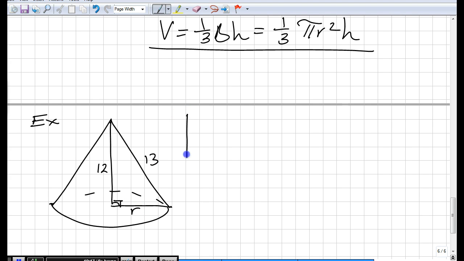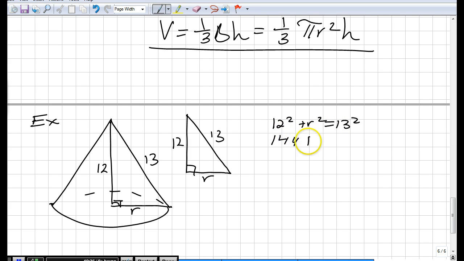And so first thing that we need to do is find r, because we know this is 12, this is 13, and this is r. This is a right triangle, so we can use the Pythagorean theorem. So 12 squared plus r squared is going to equal 13 squared. Okay, so 144 plus r squared equals 169. So r squared is 25, so r is 5.